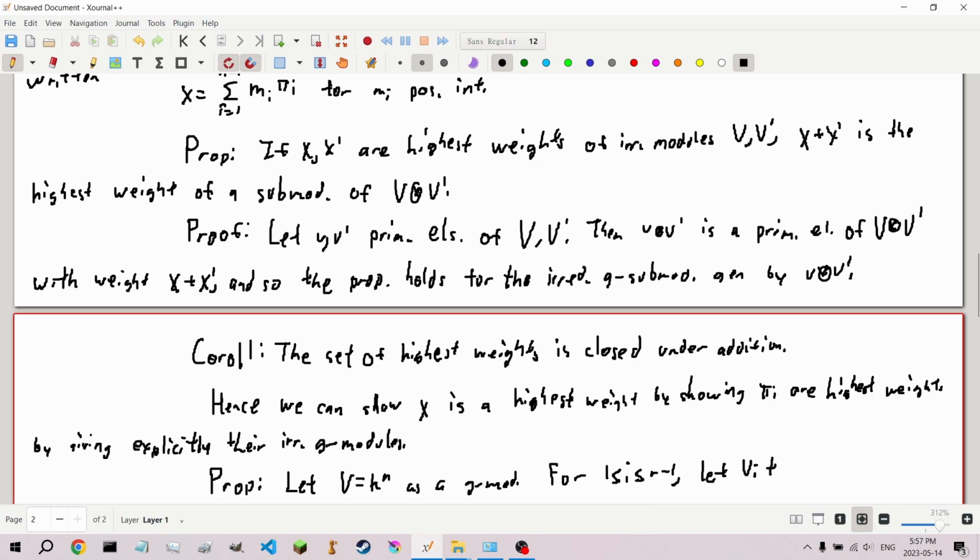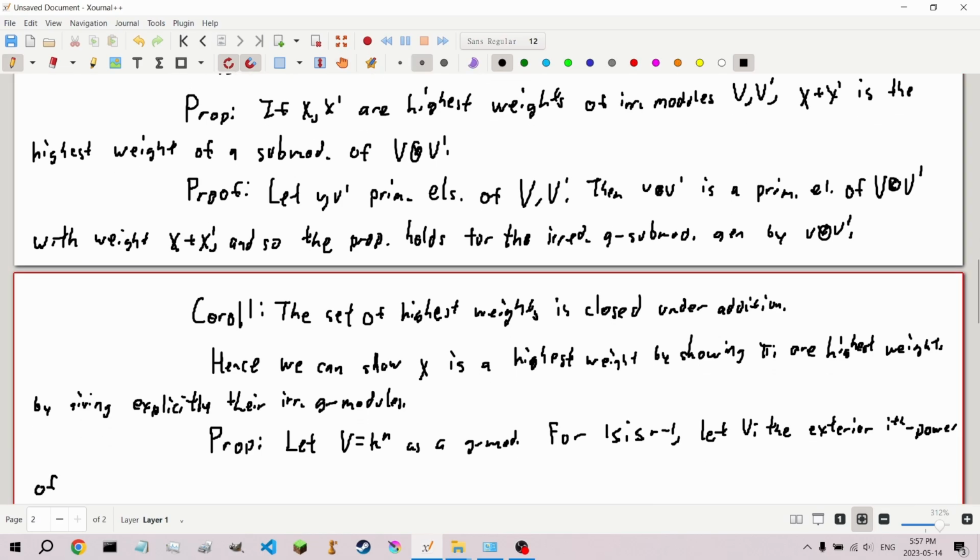Let V_i be the exterior i-th power of V. Then V_i is an irreducible G module of highest weight pi_i.